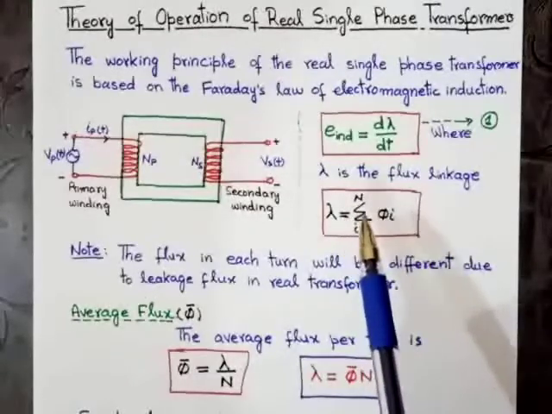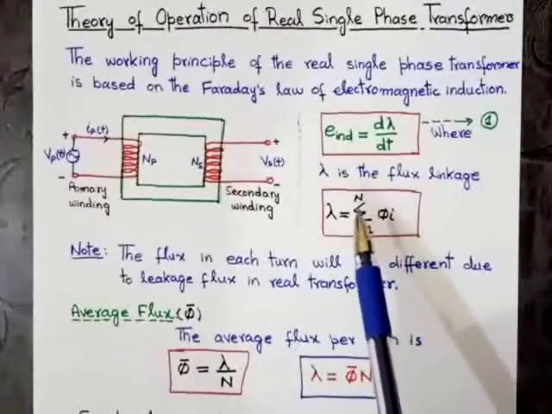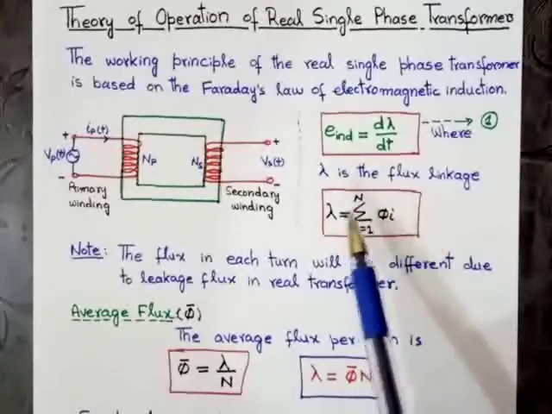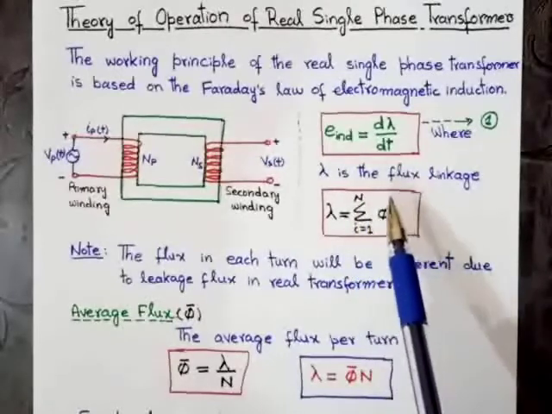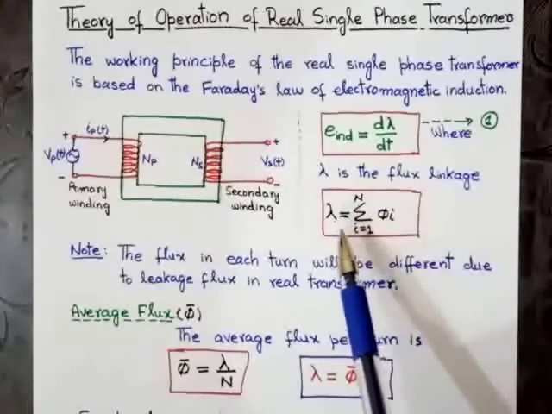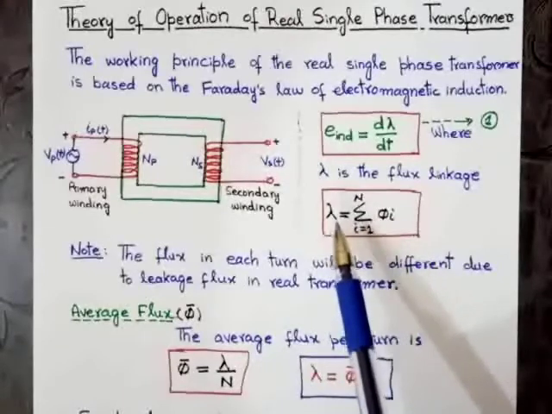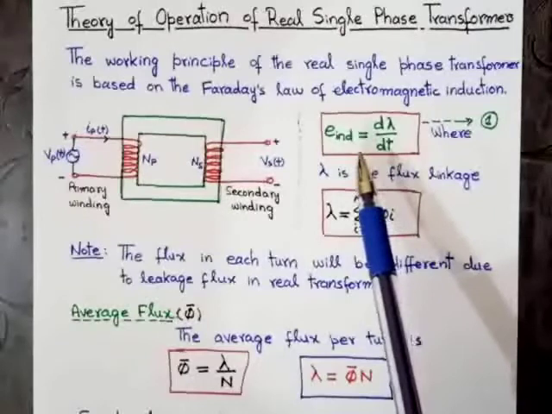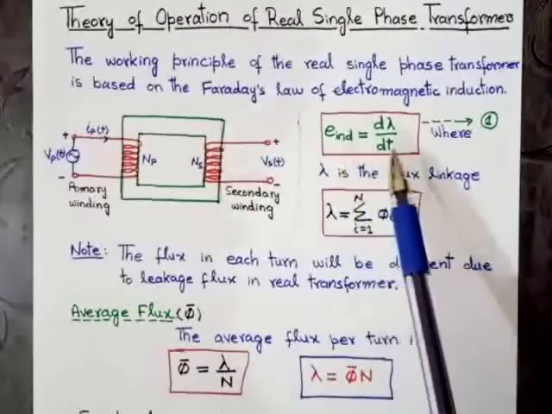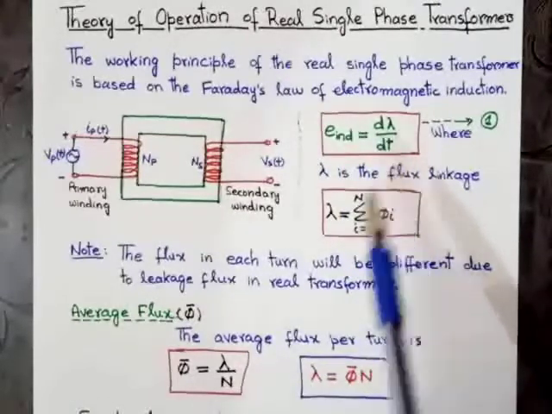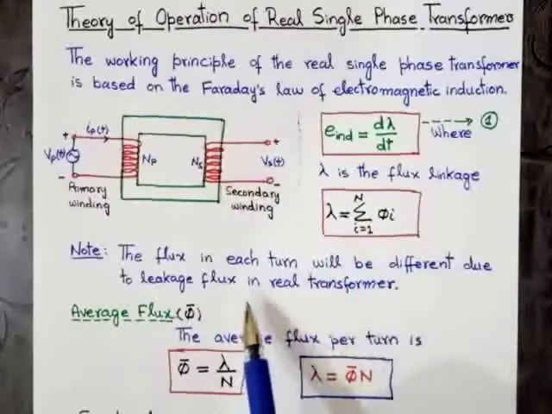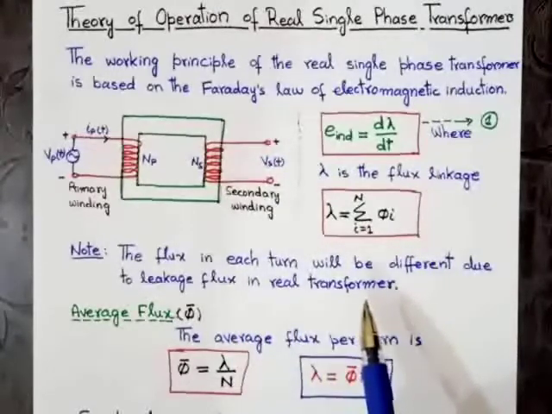If there are 100 turns, then the value of N will be 100. If there are 1000 turns, then the value of N will be 1000. And the value of the total flux we will put in this equation and find the induced voltage. Note, the flux in each turn will be different due to leakage flux in a real transformer.